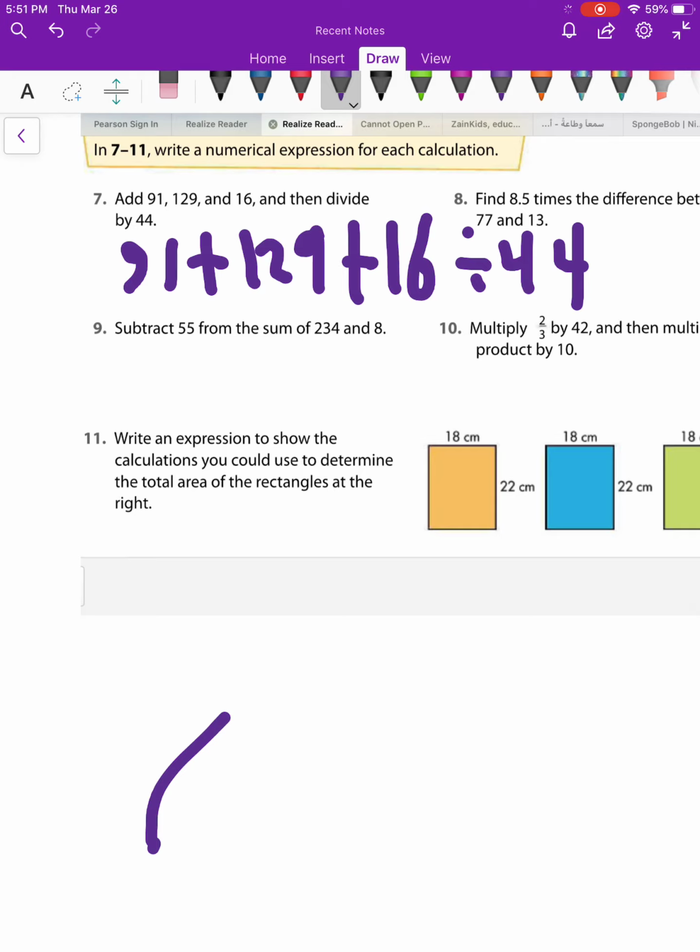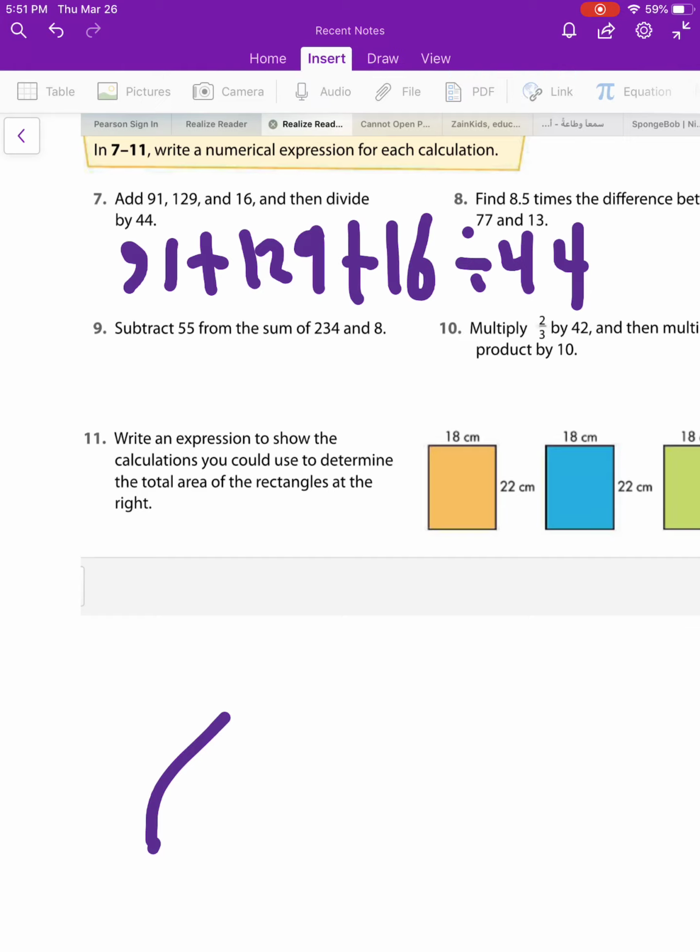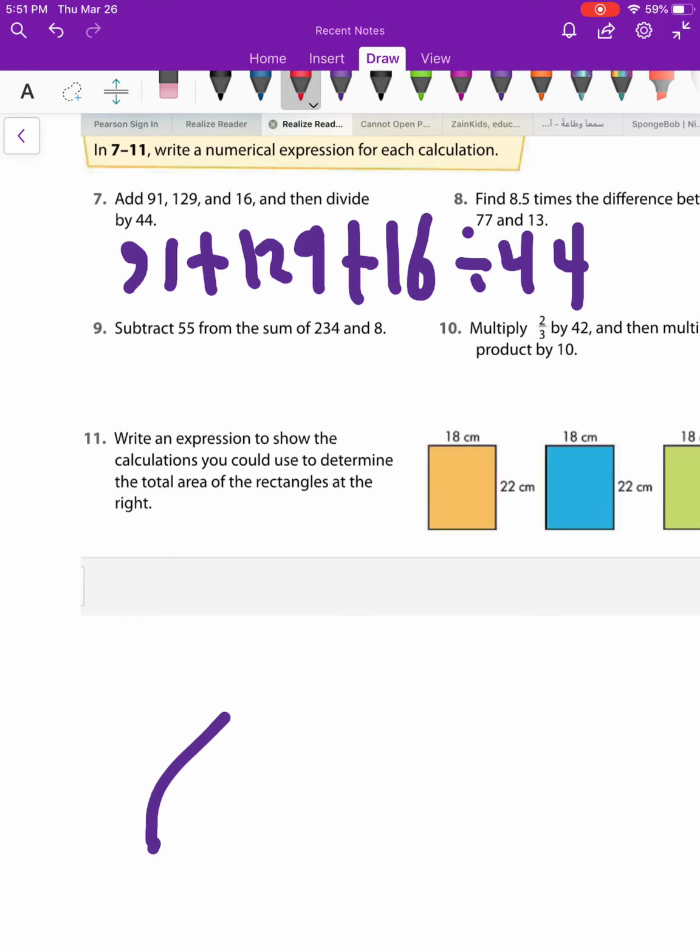But he asked me to add the 3 numbers, and divide the sum by 44. Because of that, I have to give the priority to the adding, so I use parentheses. If I do it like this, it will be correct: I will add, then divide. Without the parentheses, it will execute the division 16 divided by 44 before adding.